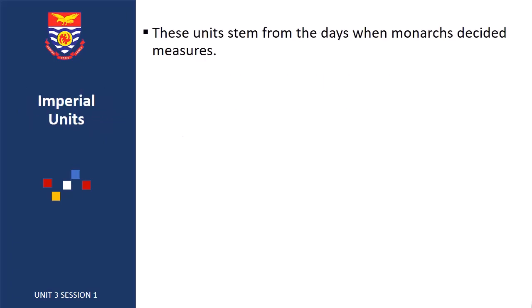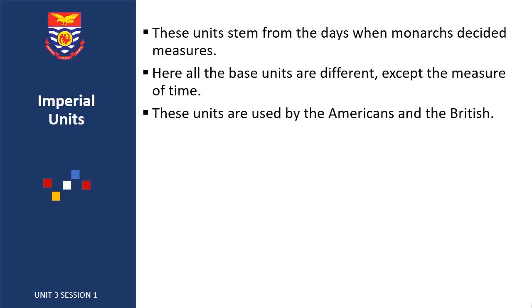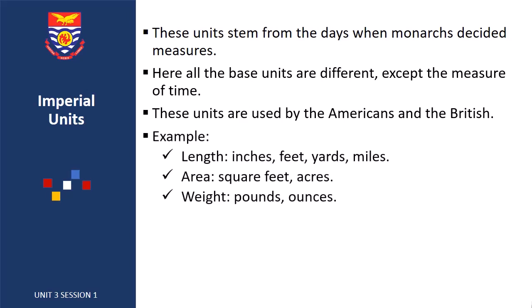The imperial unit. These units stem from the days when monarchs decided measure. Here, all the base units are different except the measure of time. And these units are used by the Americans and the British. So in our system, we do not use it. Examples of such units are measuring length in inches, feet, yards, miles, measuring area in square feet, and measuring weight in pounds, ounces.